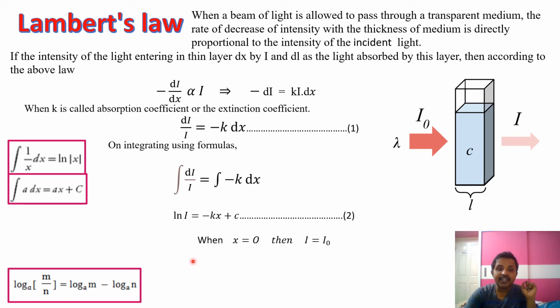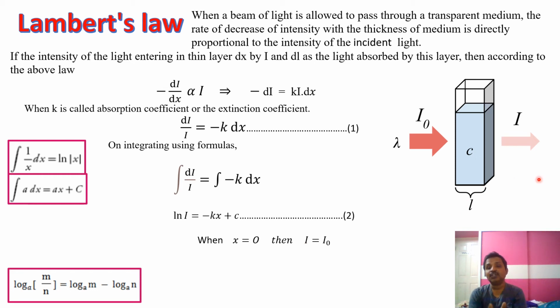Now when x is equal to 0, that is, the thickness is equal to 0, then the intensity of transmitted light is equal to the intensity of incident light. That is, I equals I naught.